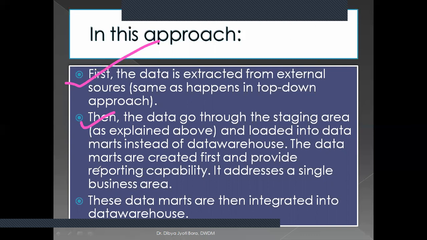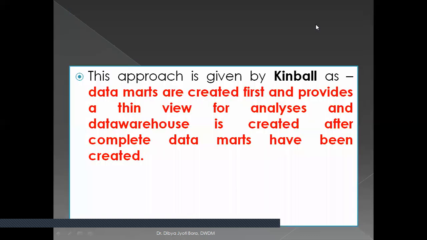It addresses a single business area. You already know about data marts very well. Then these data marts are integrated into the data warehouse. As this approach is given by Kimball, data marts are created first, which provides a clean view for analysis, and the data warehouse is created after complete data marts have been created.